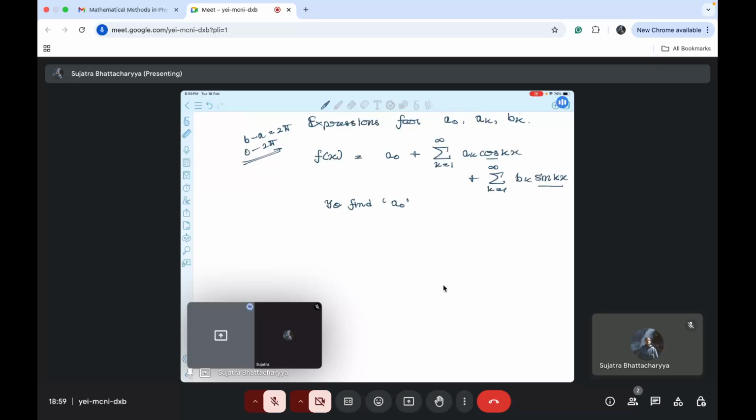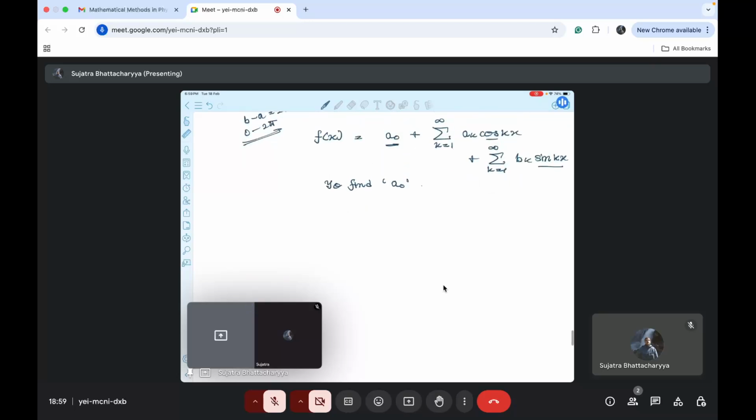So this will be 0, and the only thing that will remain is this. So let's do that. To find a naught, let us integrate both sides with respect to x from 0 to 2 pi.